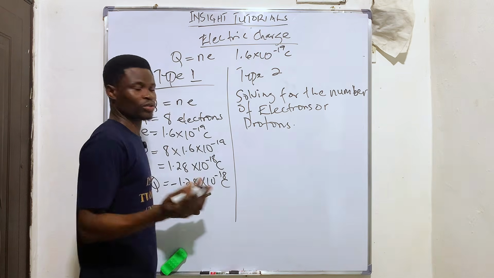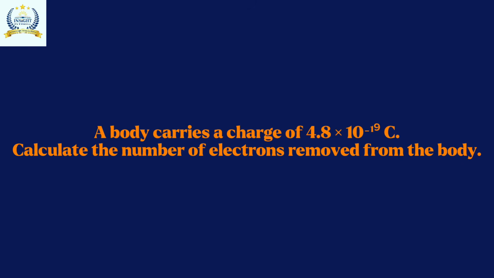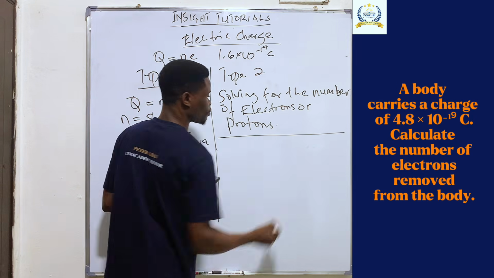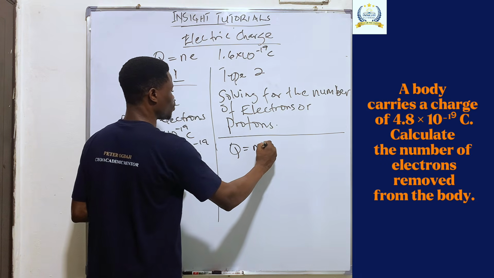So we have a question like this under that category. A body carries a charge of 4.8 times 10 raised to the power of minus 19 coulomb. We're asked to calculate the number of electrons removed from the body. So in solving this question, we're still going to use the formula that Q is equal to NE.